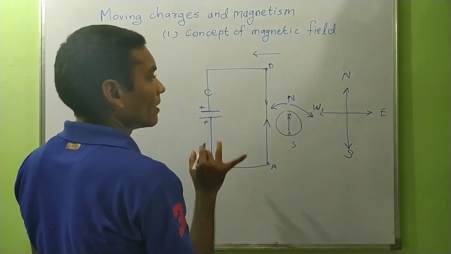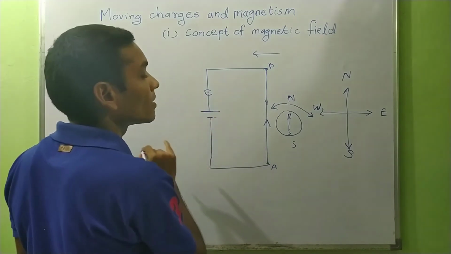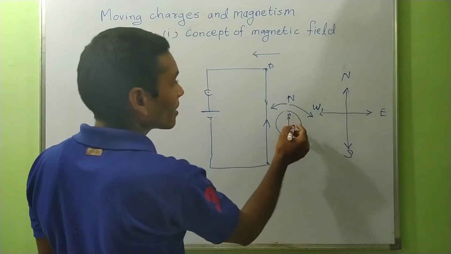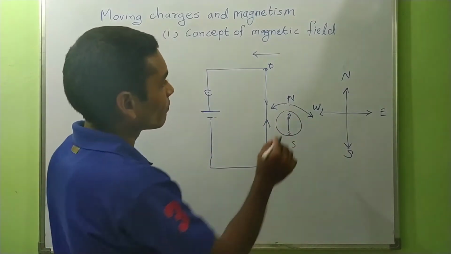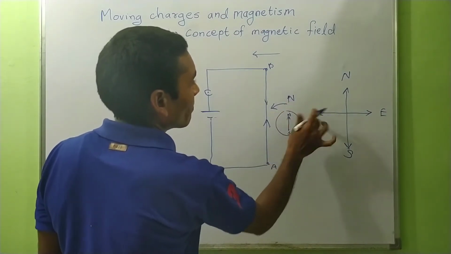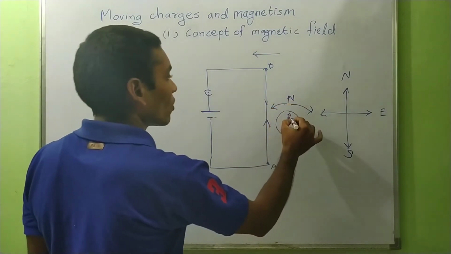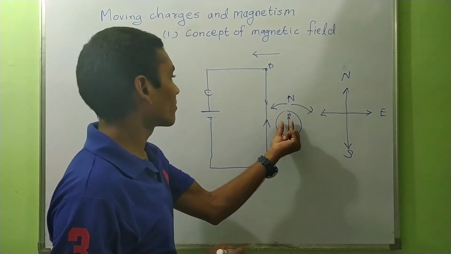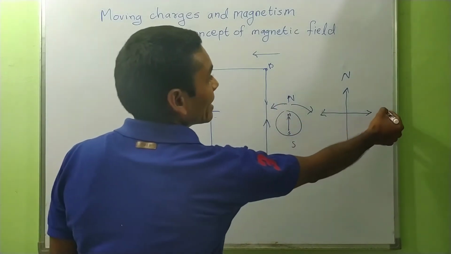And if the direction of current is changed, then the deflection in the magnetic needle will be reversed, and the north pole of this magnetic compass will deflect towards the east.